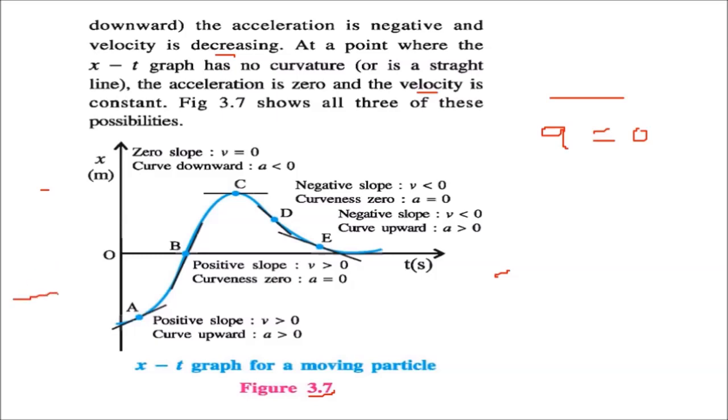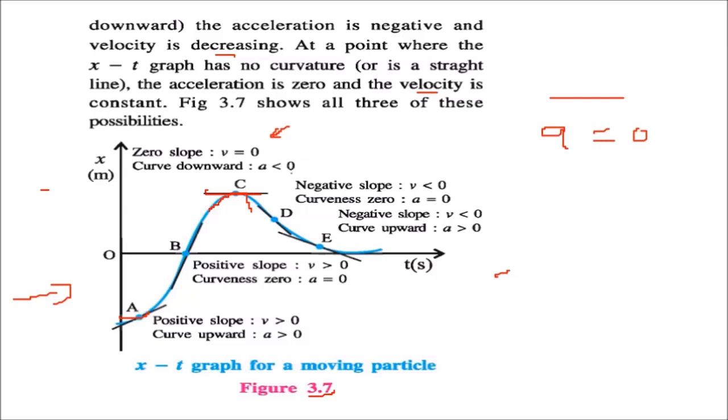Let me remind you again. When we have concave up, acceleration is greater than 0. When we have a positive slope, velocity is greater than 0. Always positive slope means velocity is greater than 0.